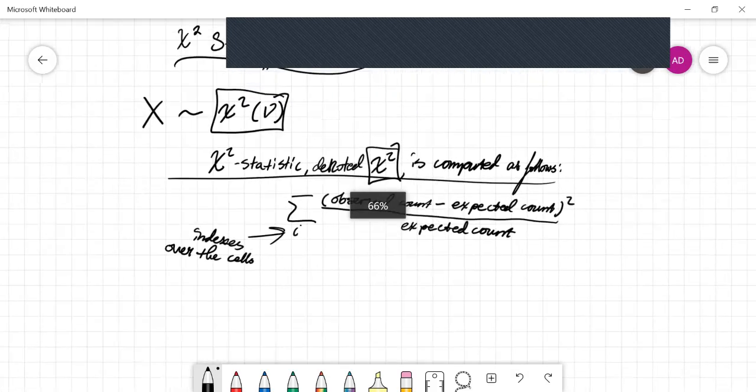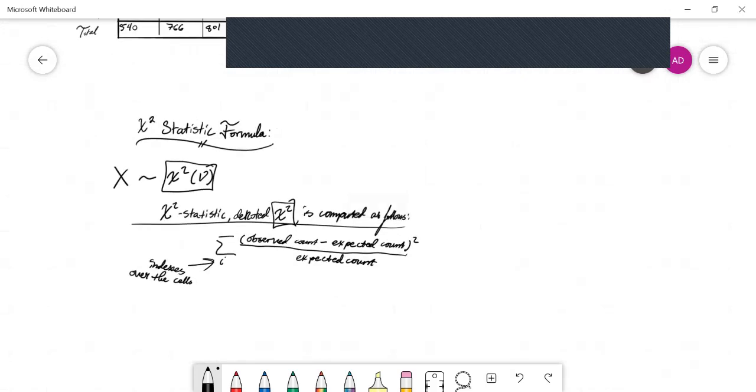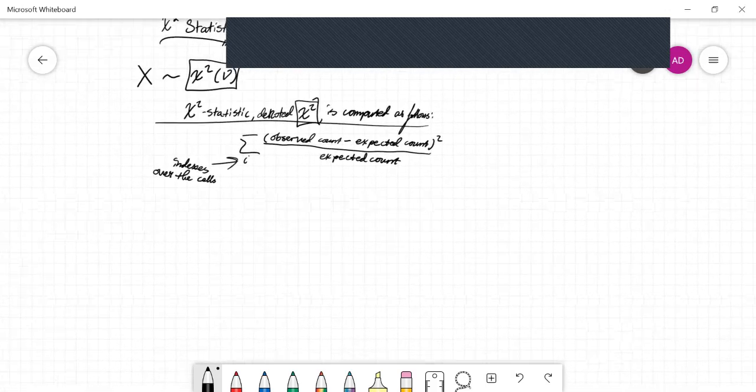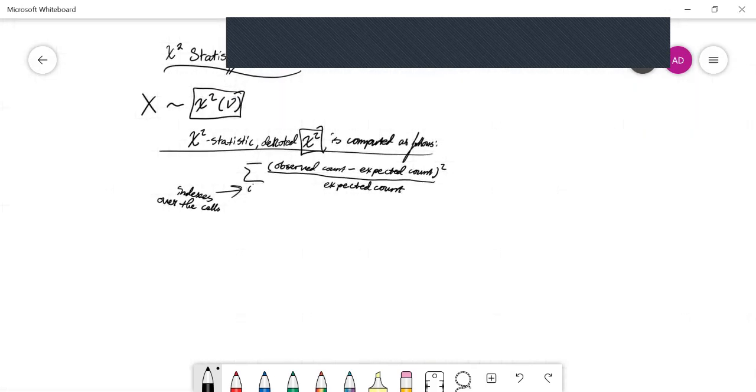So an example to compute this thing, I'll set it up, but first we're going to need all the observed counts, which will be 324, and then we would need the expected count, which would be 245.57, squared.